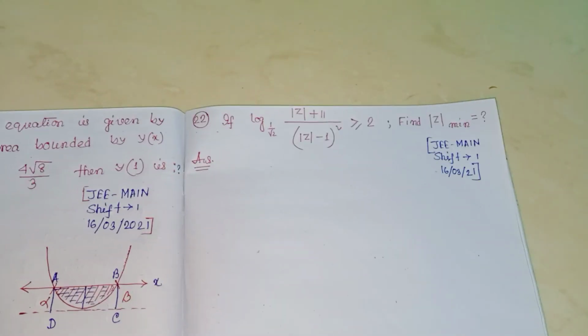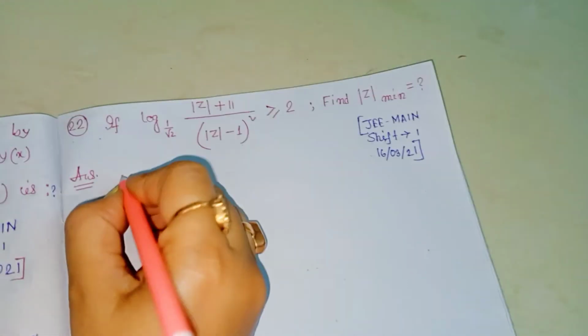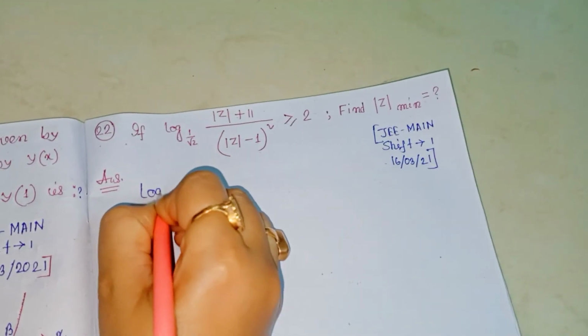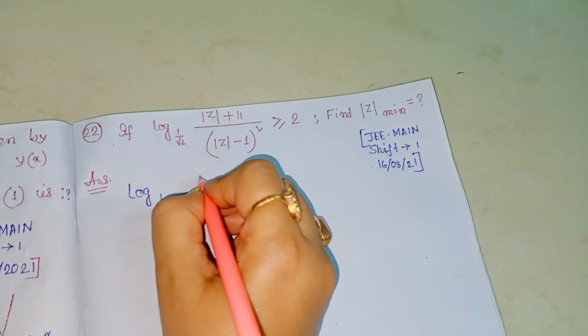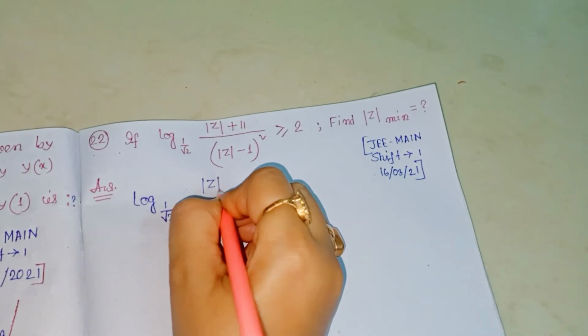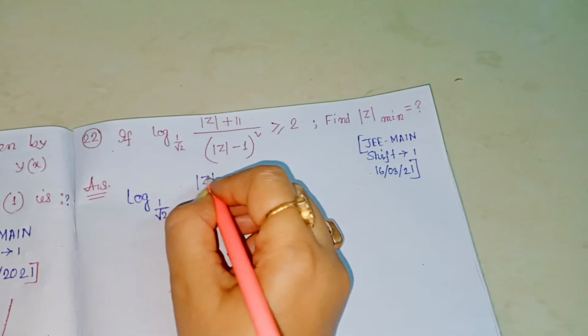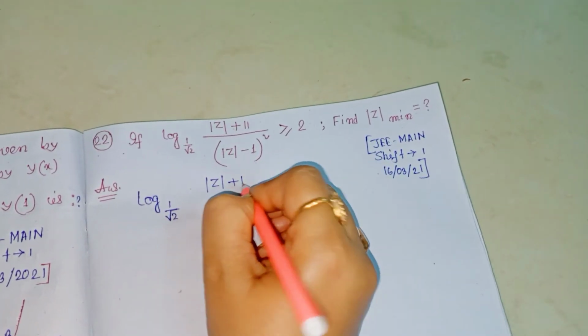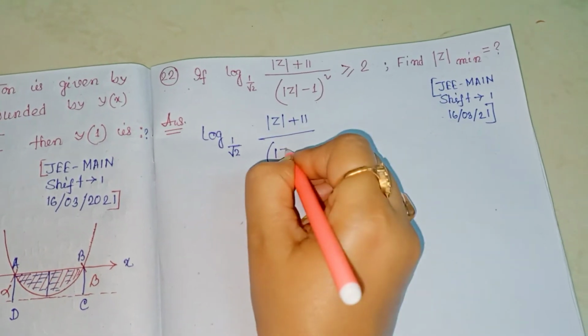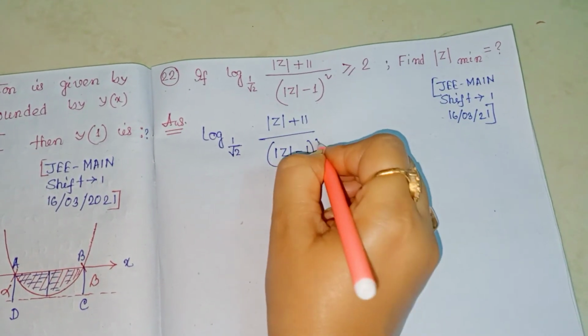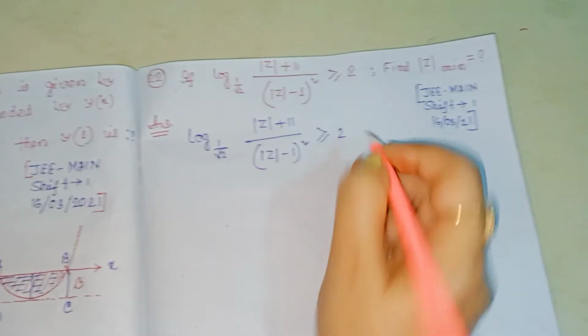So now the given condition is that the equation is given here, that is log of base 1 by root 2 of (mod z plus 11) divide (mod z minus 1) whole square is greater or equal to 2.